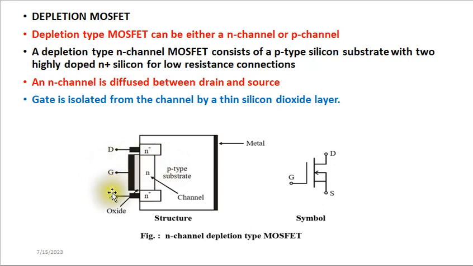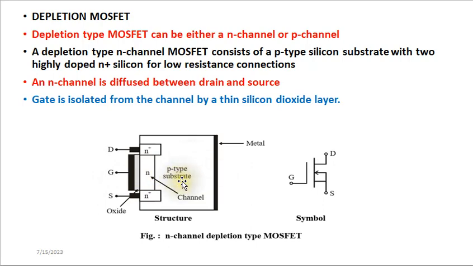This is my gate and this is my source. When you connect a voltage between them, we call it VGS, that's the voltage between the gate and the source. And when it is made positive, when you apply a positive voltage here, what happens is this. You find that in this N channel, we have minority holes which are positive. According to the law of electricity, these holes will be pushed away by this positive voltage into the main body of the substrate.